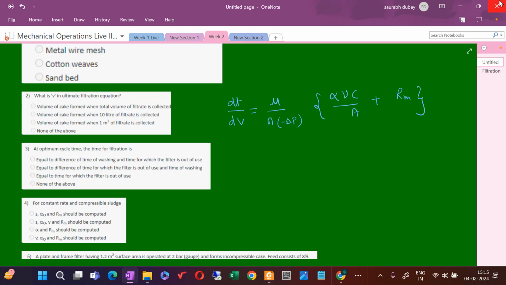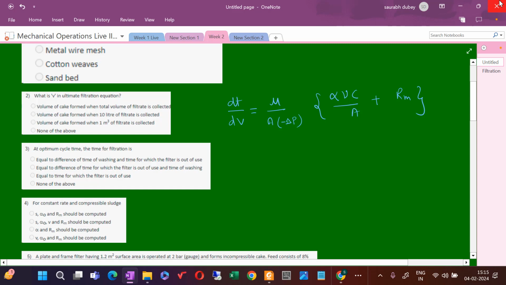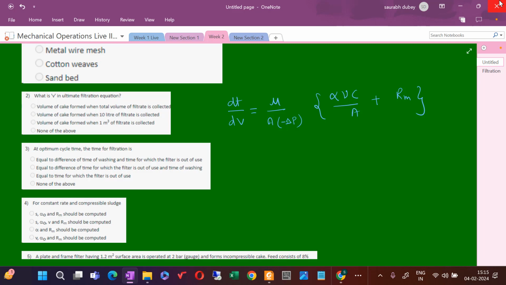Here alpha v c is the obvious area, and v is the superficial velocity. And here this V is what? This V is the volume of the cake formed when 1 meter cube of the filtrate is collected.